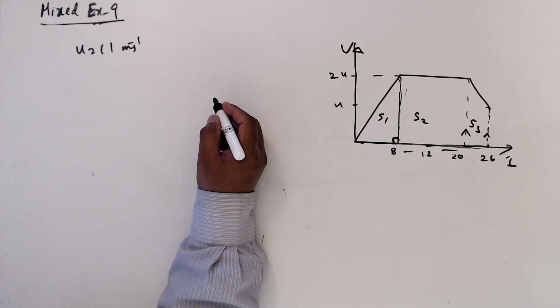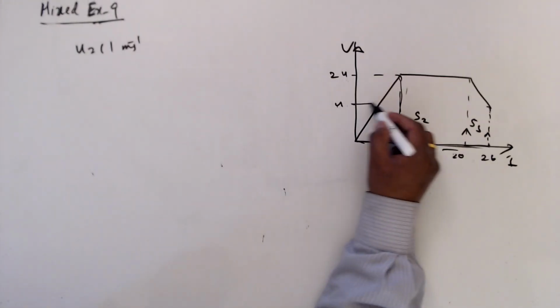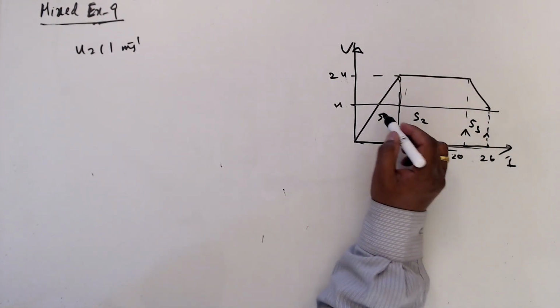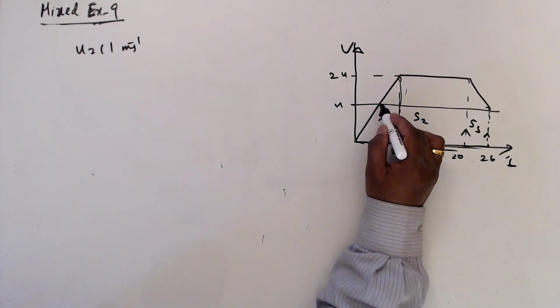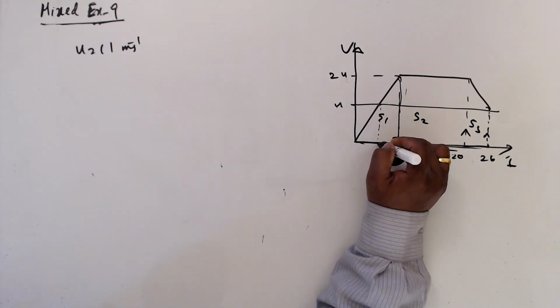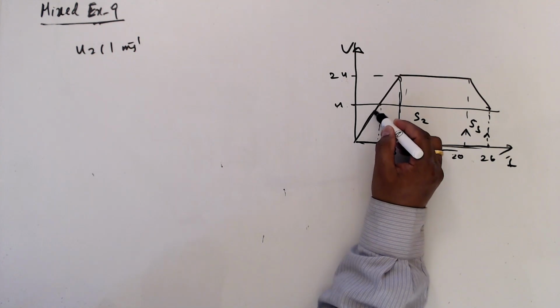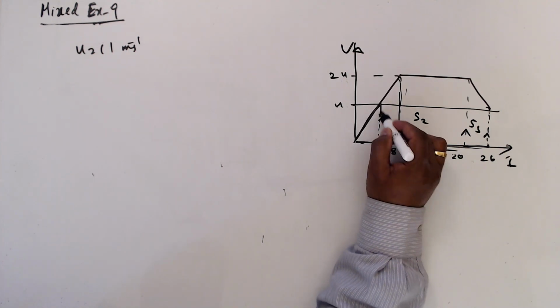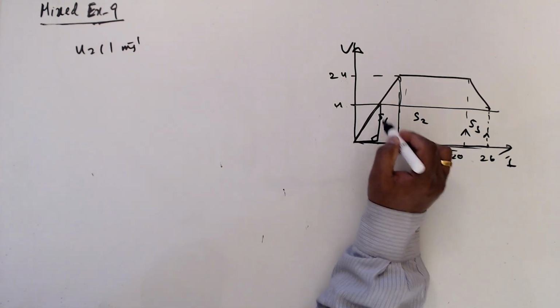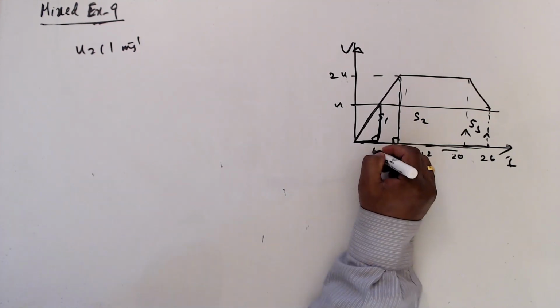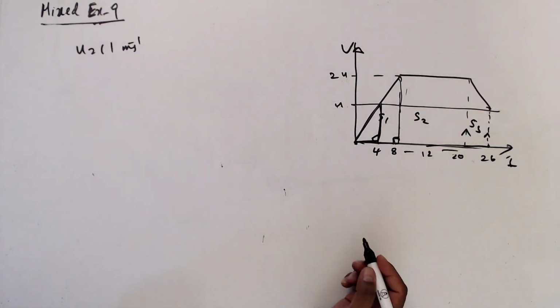Part B, the distance moved by the particle with speed less than u. So this is the speed. So speed less than u, the particle travels up to here. It means this is the triangle we need. We know by symmetry this is going to be 4.